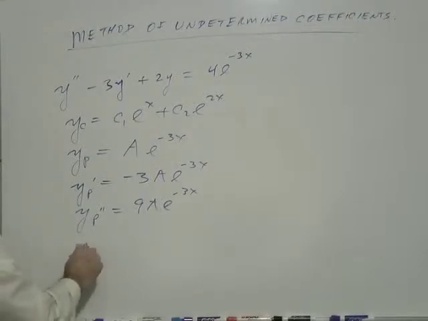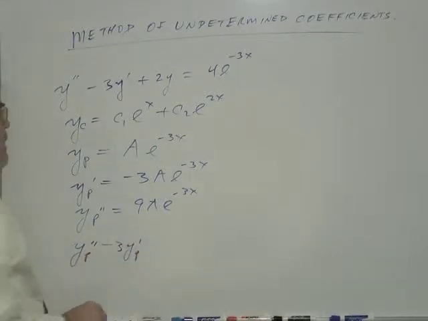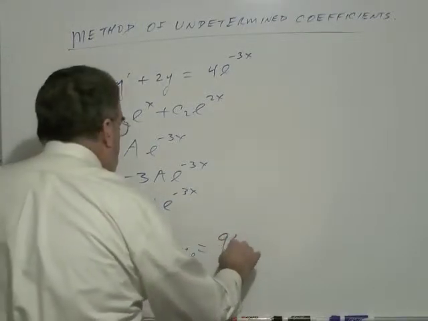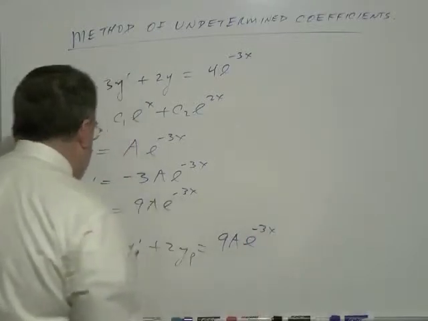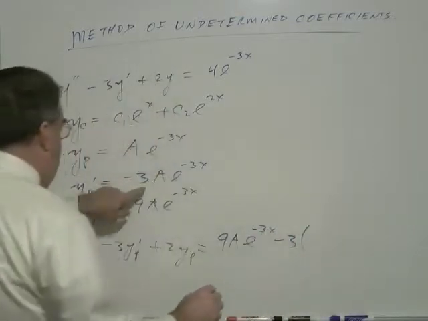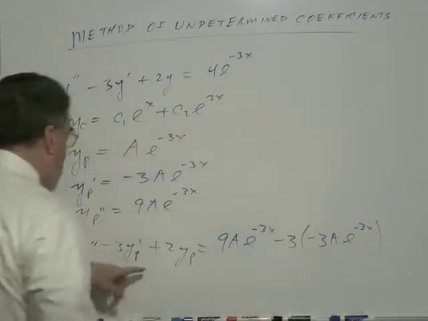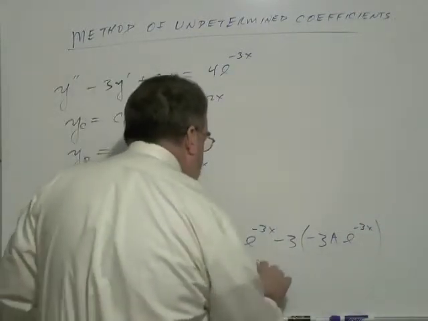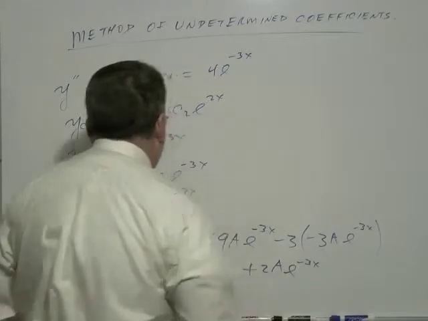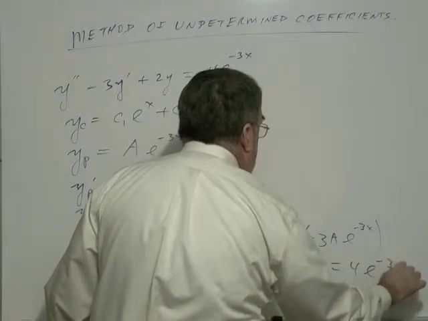And that gives us, I'll write it out here, y particular double prime minus 3y particular prime plus 2y particular would be equal to 9a e^(-3x), and then minus 3 times negative 3a e^(-3x), and then plus 2a e^(-3x), and that equals the right hand side, which is 4e^(-3x).